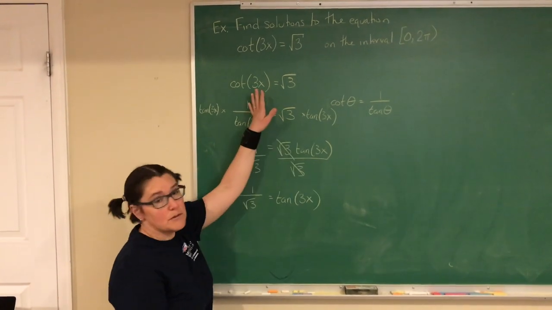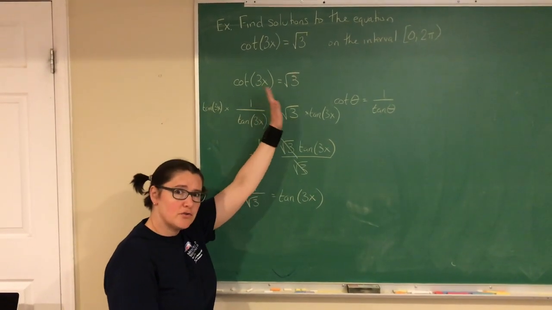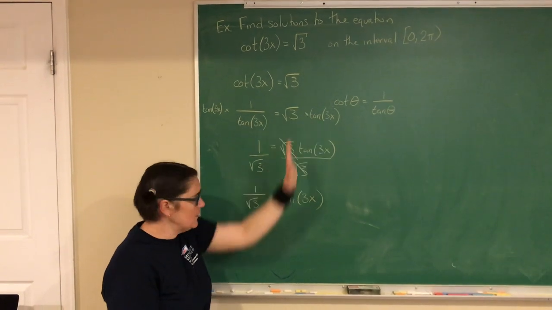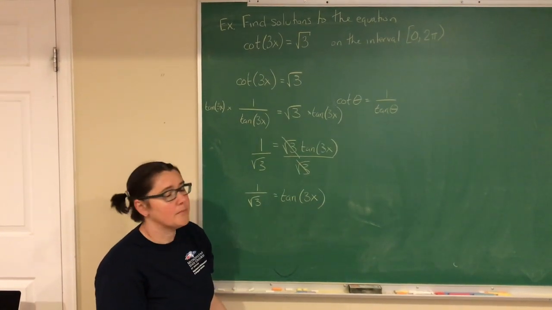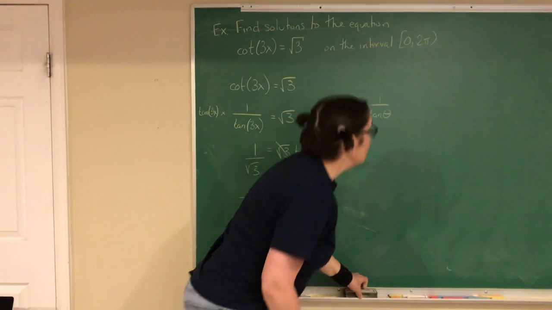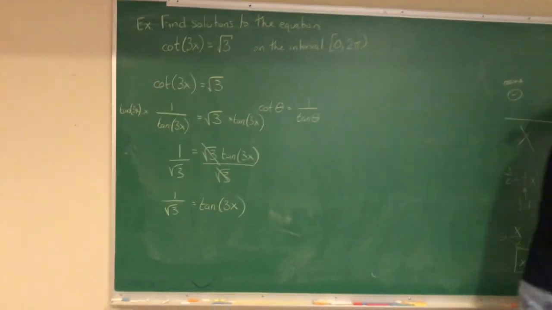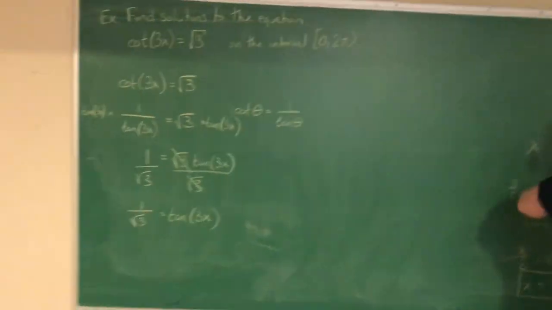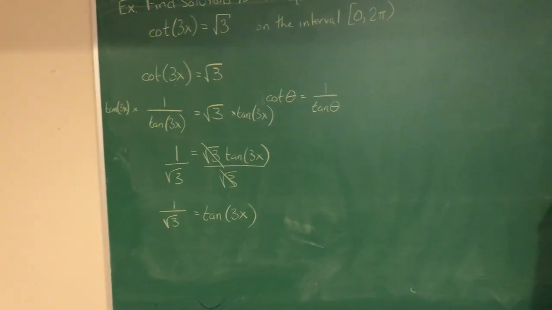You can certainly deal with cotangent, and I would encourage you to try answering this problem in terms of cotangent, but I'm going to stick with tangent. Okay, so we have tangent of 3x is equal to 1 over root 3.